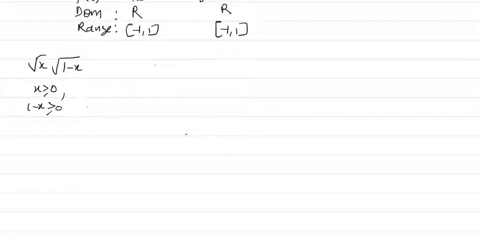These are two separate inequalities, but if you consider x into 1 minus x, then it is a single inequality. So you can see clearly that the domain is not the same at both places.